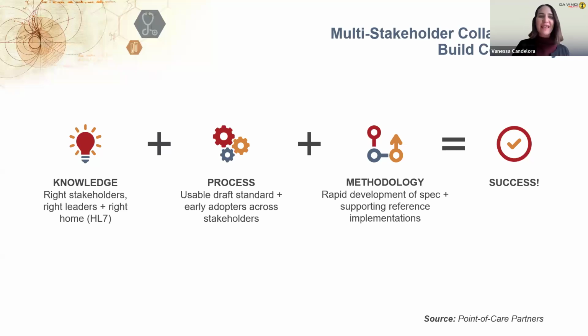And we do a lot of matchmaking at connectathons for testing, plus a methodology. So we have a rapid development cycle of an implementation guide spec, and supporting reference implementations, which my colleague used to refer to as eating our own dog food. We build the spec, and then we actually have to implement it and learn from it and test it and fix those problems, so that we're iterating on the spec.